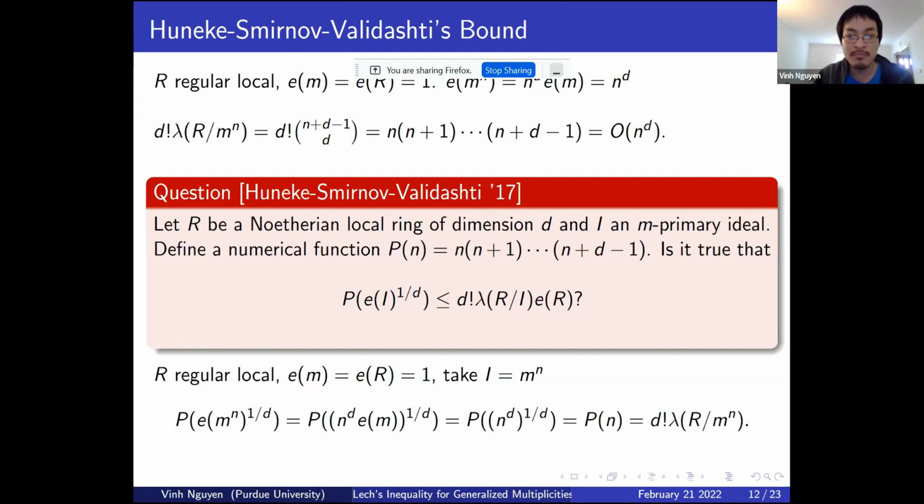So we recover p of n, and based on the calculation above, p of n is exactly d factorial times the colength of the power of the maximal ideal. So the bound is sharp, if it's true. Huneke-Smirnov-Validashti were only able to prove this bound for rings of dimension less than or equal to 3. So this question is still open as of now.